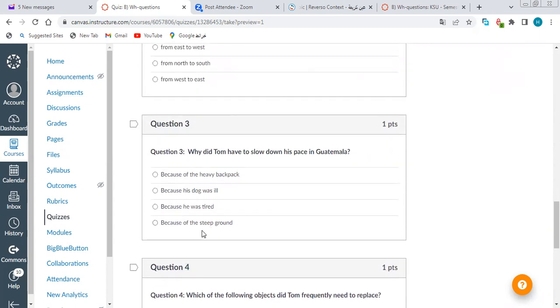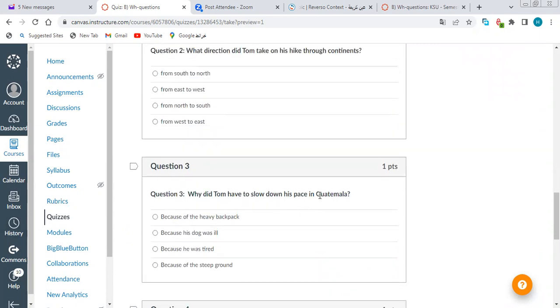Next one. Why did Tom have to slow down his pace in Guatemala? The keyword is Guatemala. Why did he walk slowly? Why did his walking start to become slow in Guatemala? What is the reason? Because of the heavy backpack?